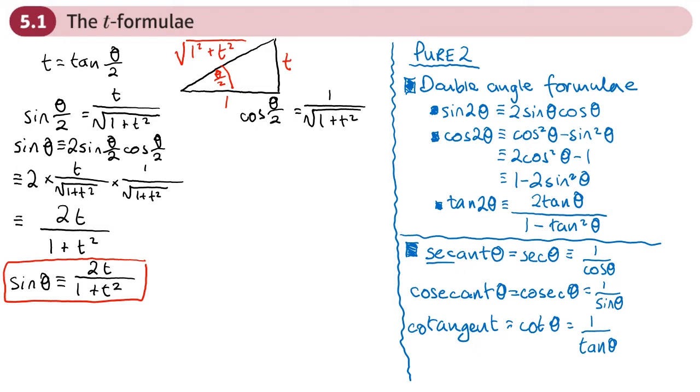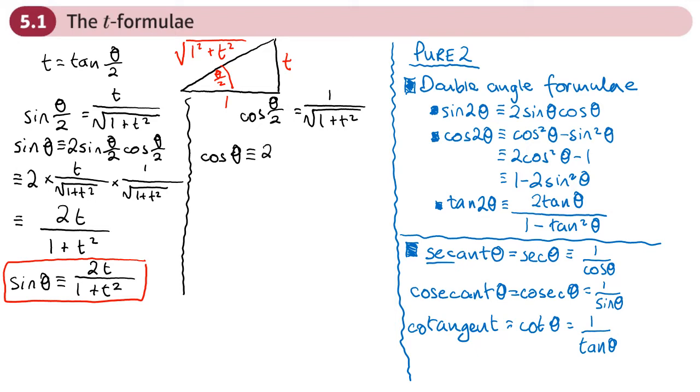Okay, now let's do the same thing with cos and use the double angle formula for cos. We could use any one really, so we'll use cos theta is equivalent to 2 cos squared theta over 2 minus 1.